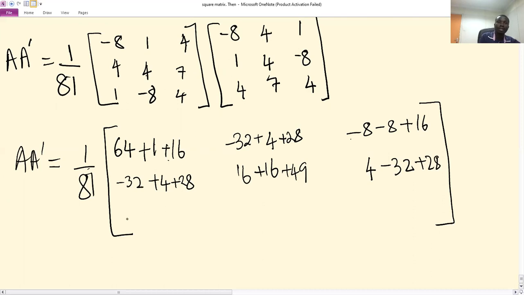Last row: 1 by -8 is -8, -8 by 1 is -8, 4 by 4 is 16; then 1 by 4 is 4, -8 by 4 is -32, 4 by 7 is 28; and finally 1 by 1 is 1, -8 times -8 is positive 64, and 4 by 4 is 16.